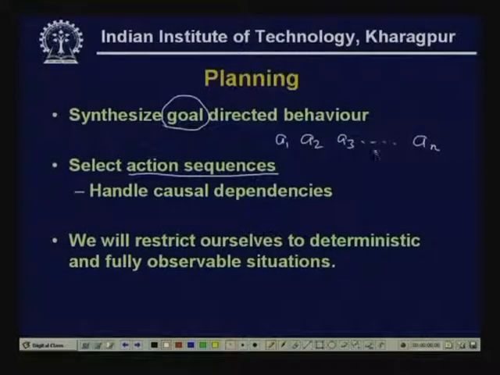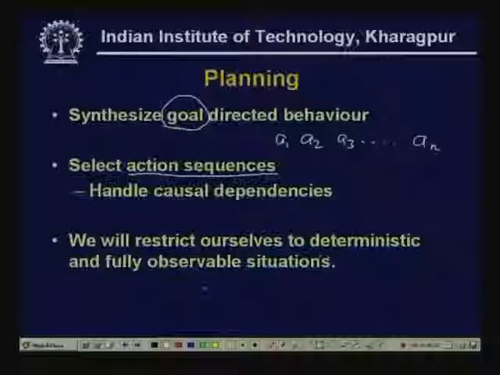Rather, the agent might like to determine a policy so that he can determine his current action and based on the feedback received at the next state, the agent can decide the subsequent actions. But for the deterministic and fully observable situations to which we will confine ourselves today, the solution to the planning problem would be a sequence of actions that achieve the goal.